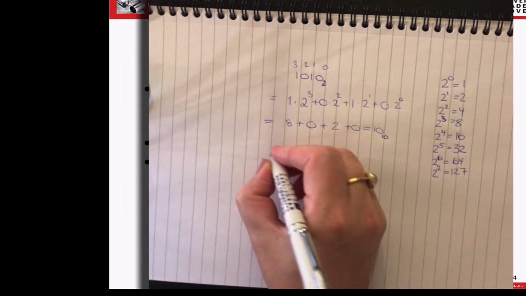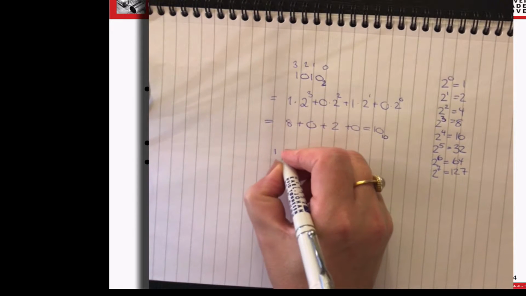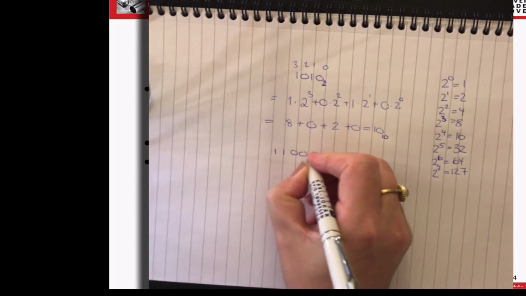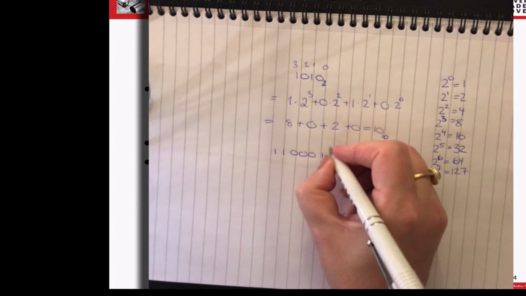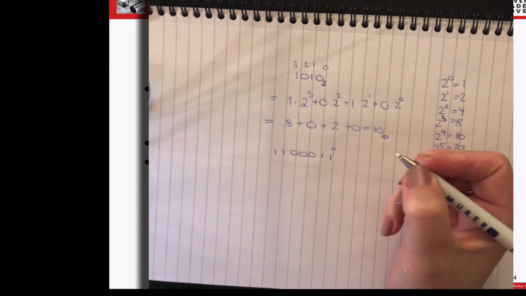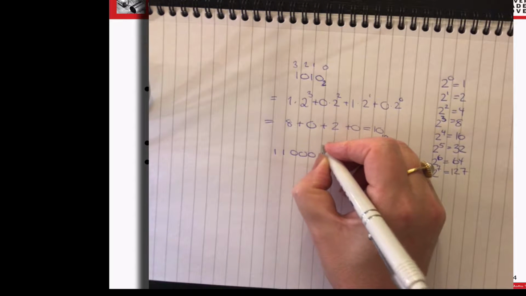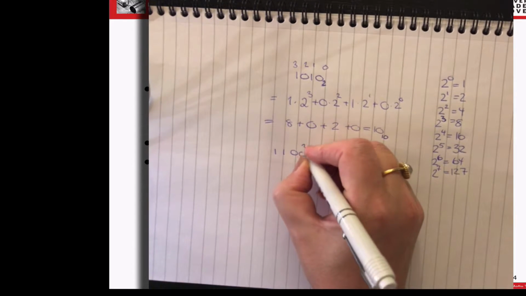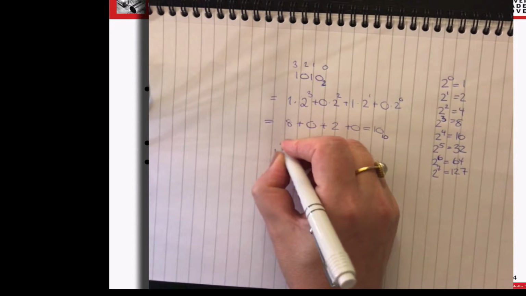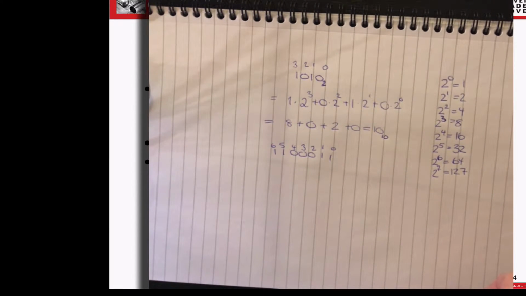Okay, so let's try the other example here. It's 1, 1, 0, 0, 0, 1, 1. So this is the 0th position, the first, the second, the third, the fourth, the fifth, the sixth.